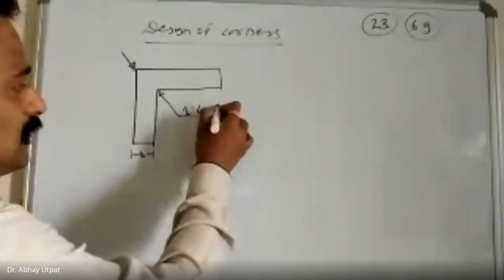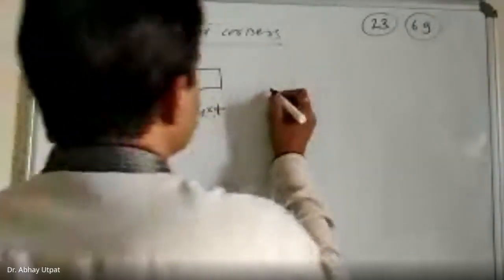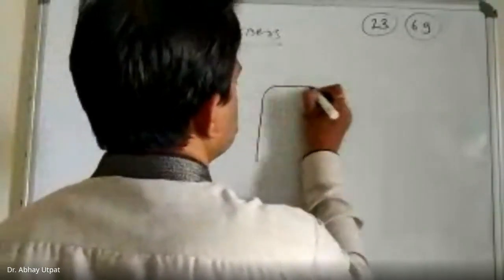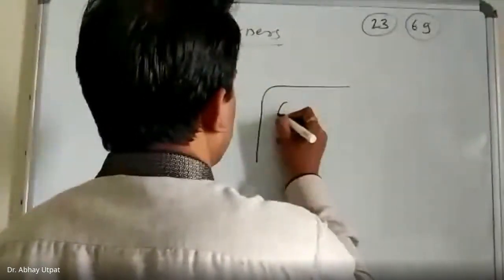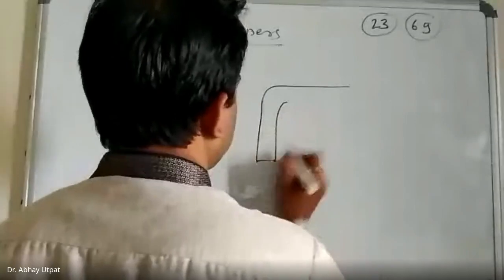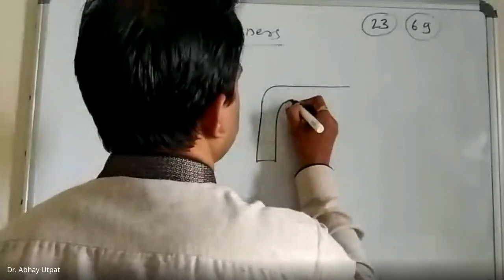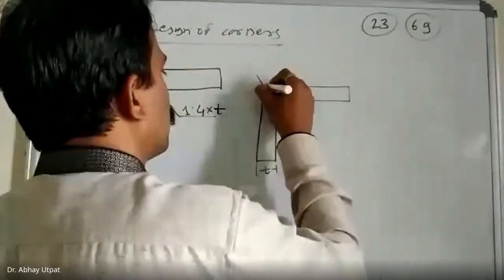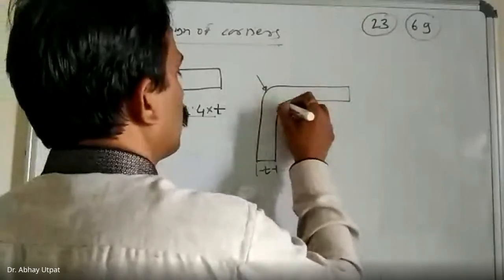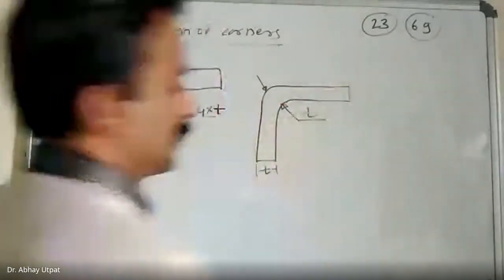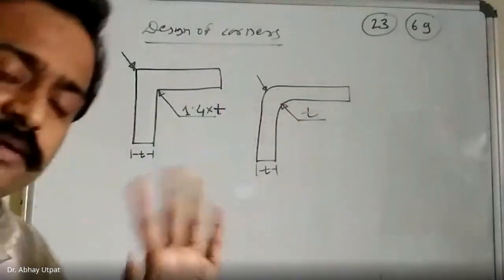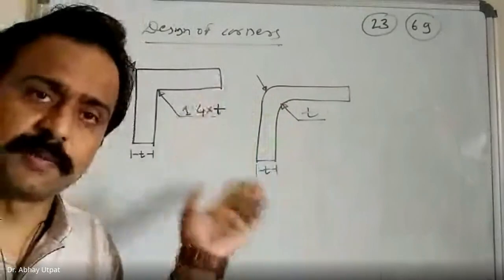That's why if you modify this design in this way, you will have uniform wall thickness. This is T. This is also T. We are not talking in terms of stress concentration, maybe generation of cracks.